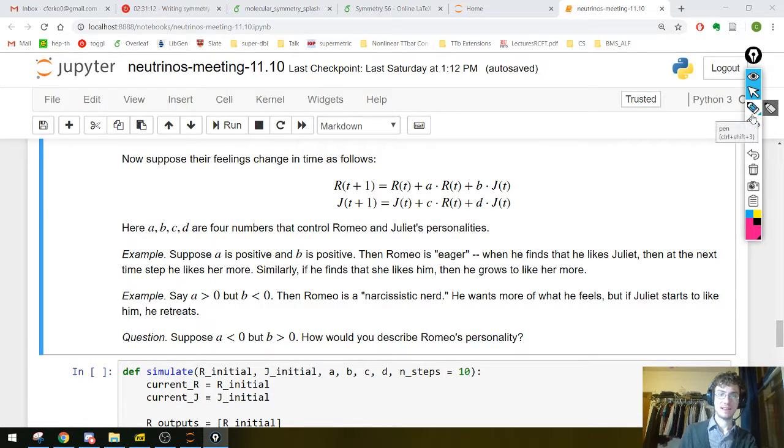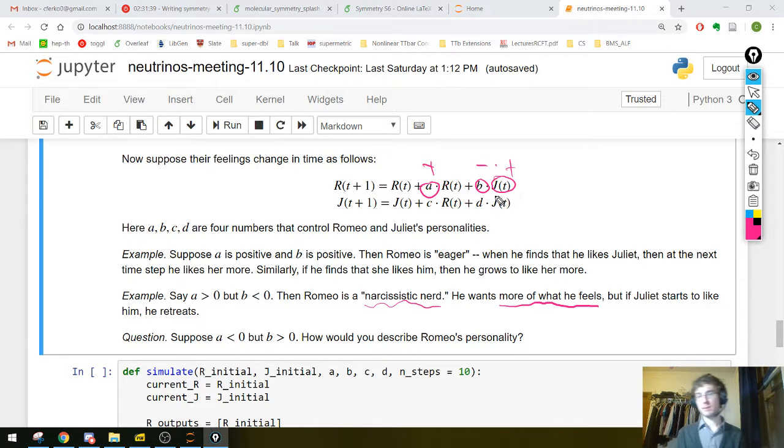What if A is positive, but B is negative? I call this narcissistic nerd for the following reason. If Romeo discovers he likes Juliet, then he likes her more. So he wants more of what he feels. But if Juliet starts to like him, so J is positive, then I have negative times positive is negative.